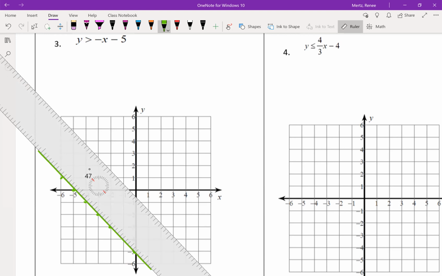So this is a dashed line. Let's go through and do this. Greater than, dashed, shade above. Let's see how the dashing works with the ruler. Not too bad. You just want to do a dashed line along the ruler.